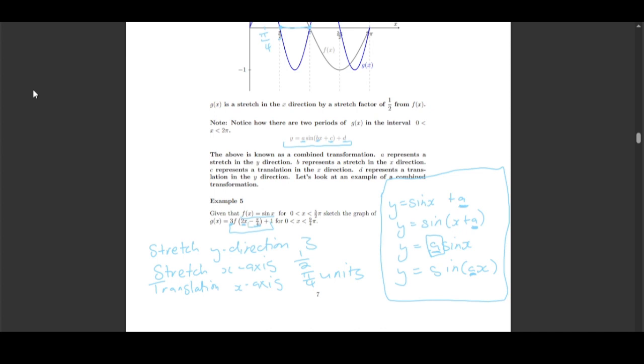So if it's negative pi over 4, it means we've shifted by positive pi over 4 units. And finally, this one is a translation in the y direction by 1 unit. Okay. So if you understand these transformations, you should then be able to sketch the graph of g of x.